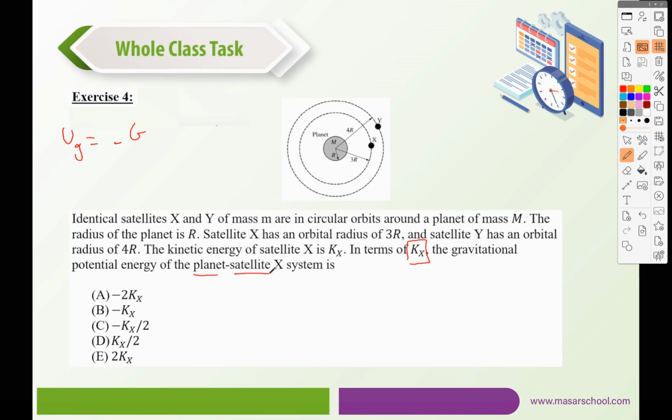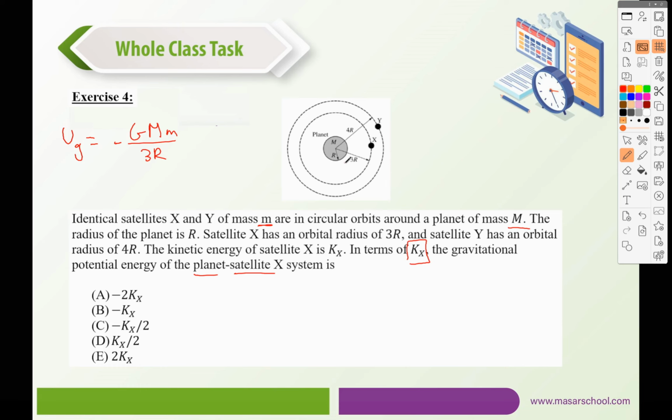We have the planet and the satellite X. The mass of the planet is given by capital M. The mass of the satellite is small m, identical satellites, divided by the separation distance, which is 3R. So basically this is UG of the system.